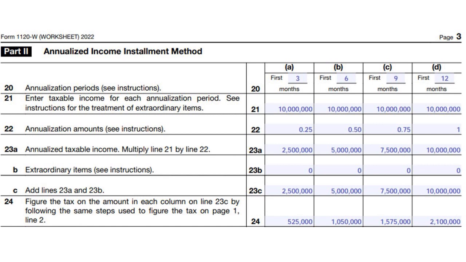There are no extraordinary items in our case. So when you add lines 23A and 23B, you get the same amount: 2.5, 5, 7.5, and 10 million. And the tax that you owe here comes to 525,000, 1,050,000, 1.575, and 2.1 million.